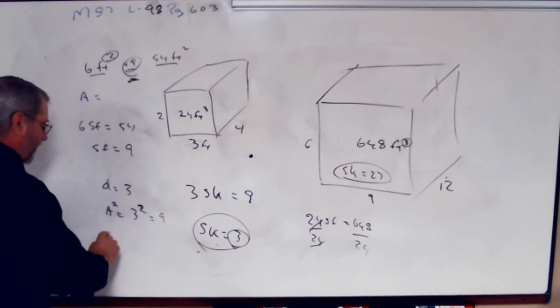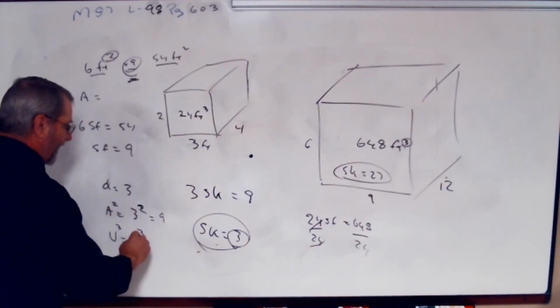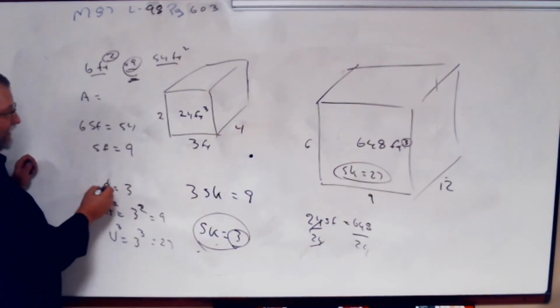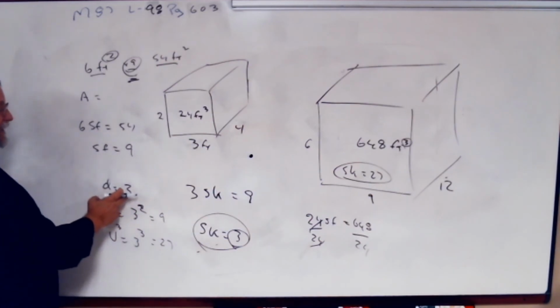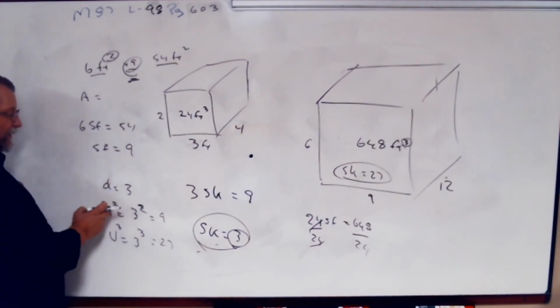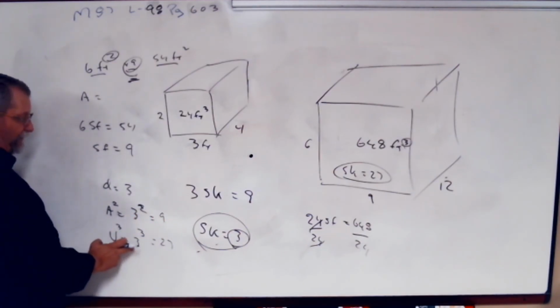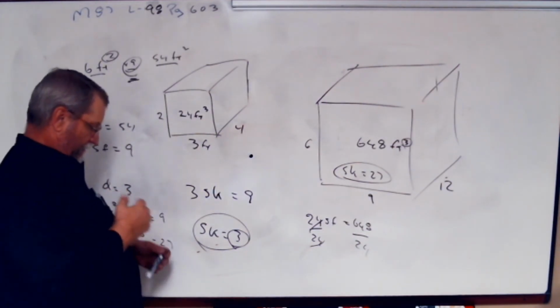If I take volume, same number, and I cube it, it's 27. So if the scale factor between the length of the side is 3, the scale factor between the area is 9. And the scale factor between the volume is 27. Okay?